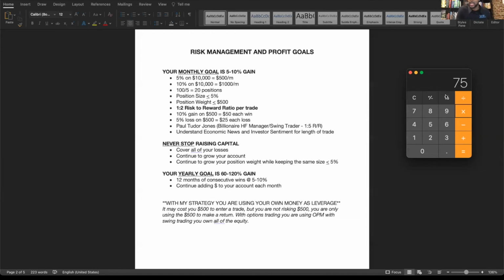So prior to that, I was working with a $50 win. Now I'm working with a $75 win and nothing changed as far as my position size, nothing changed as far as my risk, nothing changed. Only thing that changed was I'm dealing with more money now. So now I can afford to increase my position weight without having a huge effect on my portfolio if I were to take a loss.